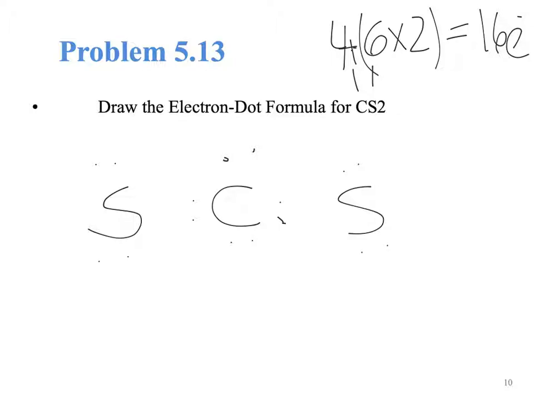So now what we need to do is delete this and make it a single bond. Carbon in this case will have 8 electrons, but sulfur, if we see, we have 1, 2, 3, 4, 5, 6, which is not complete. So what we're going to do is delete that one and put it here, and we do the same here, and now everyone has 8 electrons.